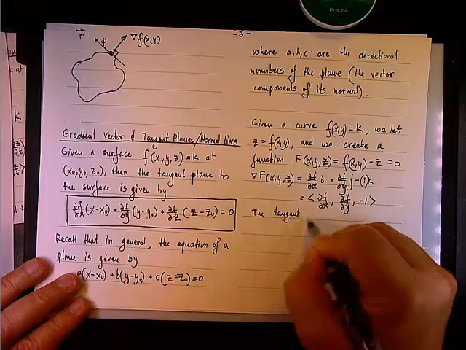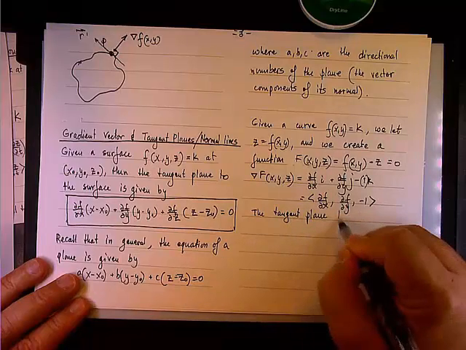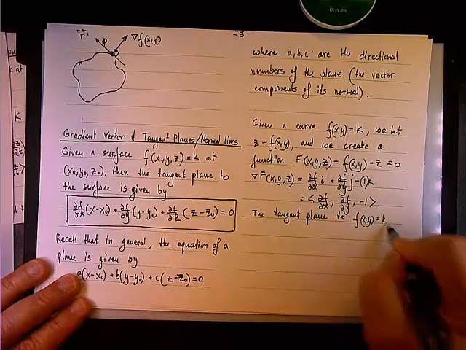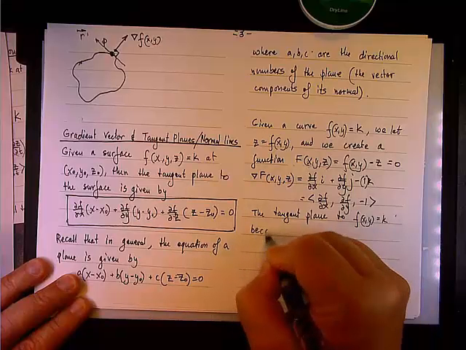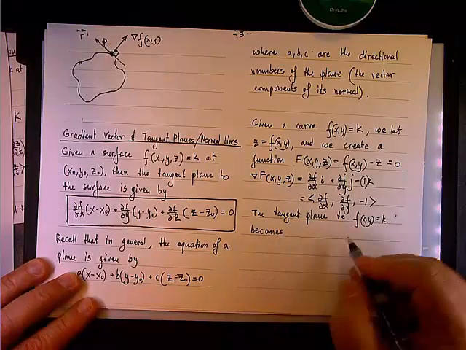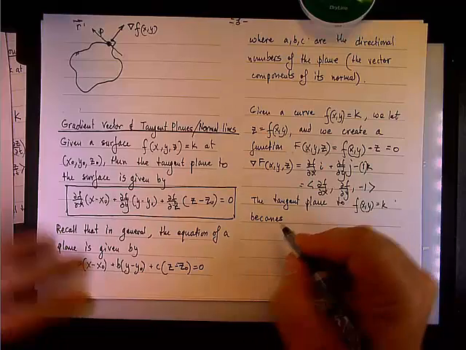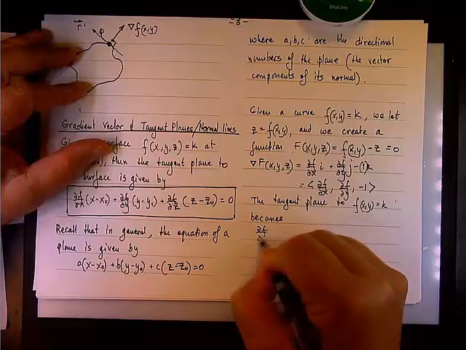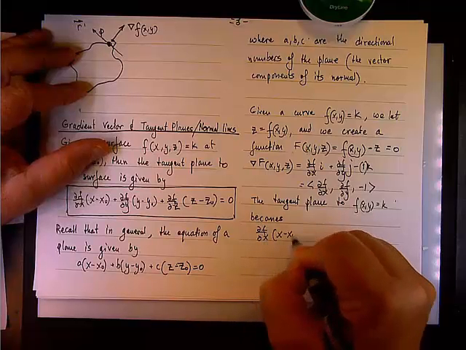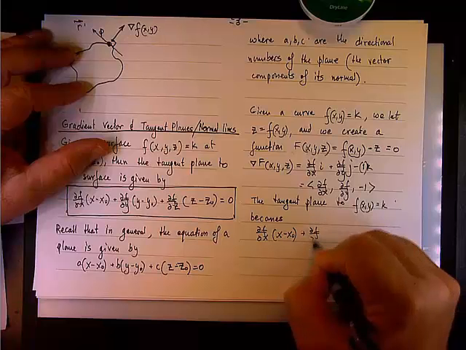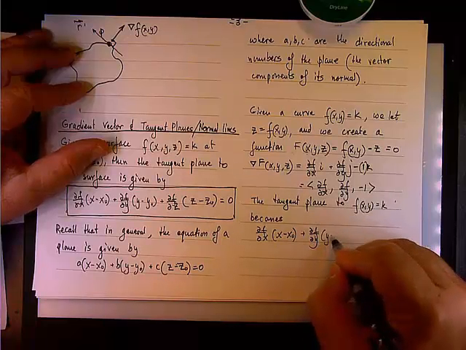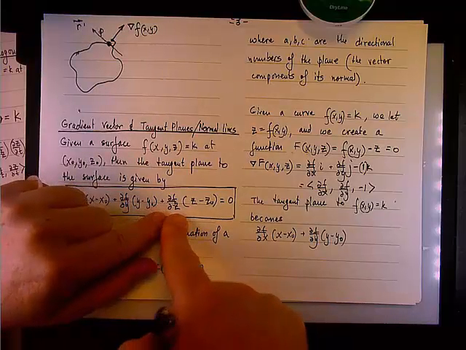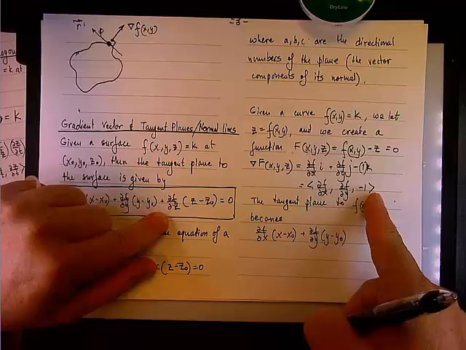So how is the new plane going to look? The tangent plane to f of x, y equals k becomes the following. We start with del f del x times x minus x sub 0 plus del f del y times y minus y sub 0.